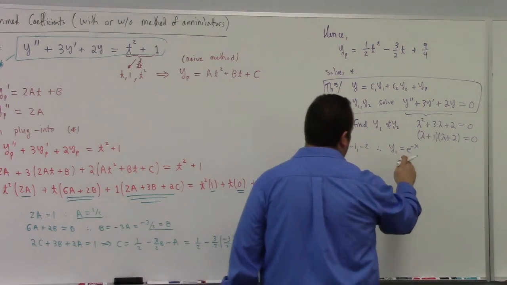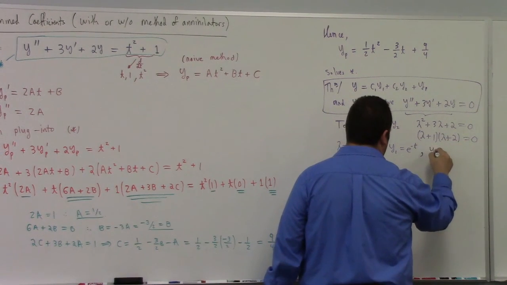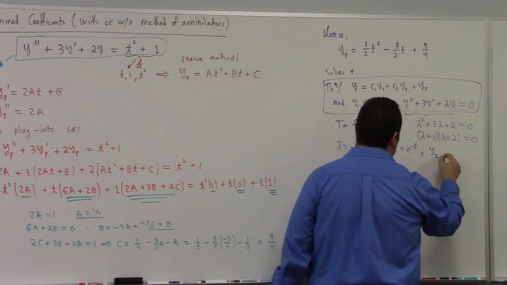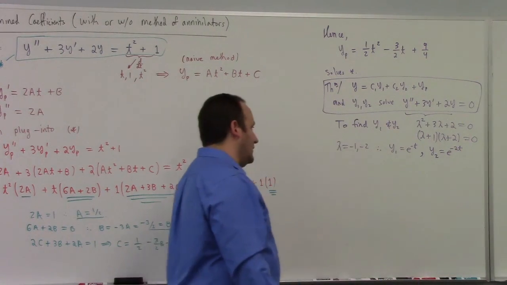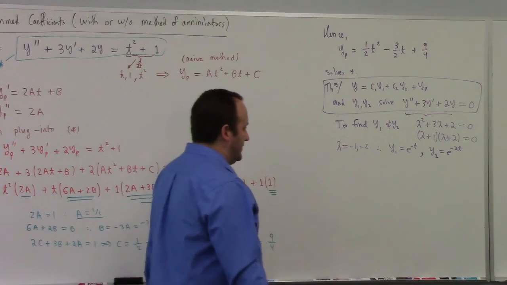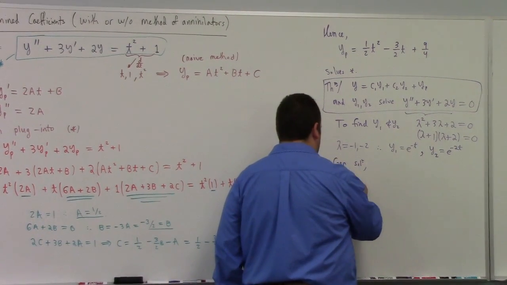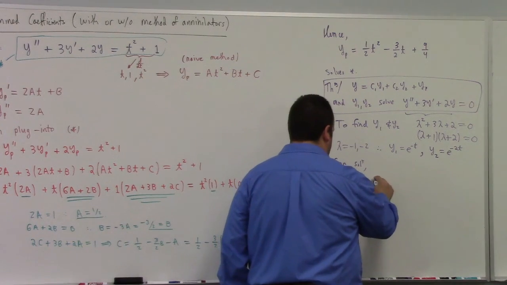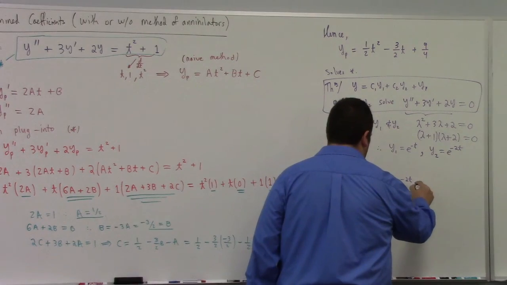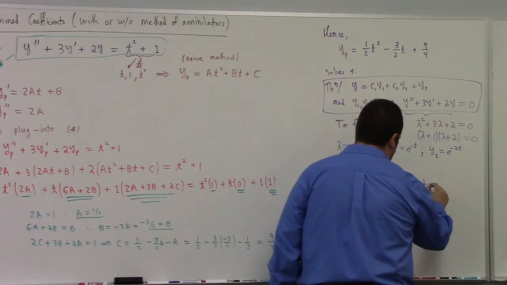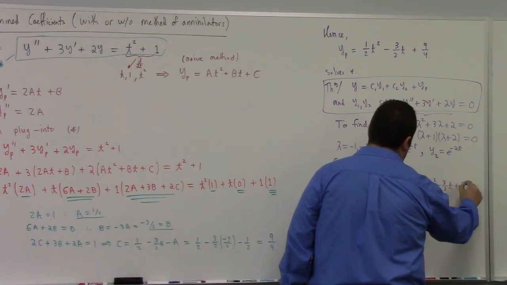Please don't do that. It always makes me sad when I see differential equation students not recognize that the independent variable has to stay the same through the whole problem. So don't let me do that. e to the minus t, and y2 e to the minus 2t. And so finally, the general solution to our problem, y equals c1 e to the minus t plus c2 e to the minus 2t plus that particular solution. There you go.